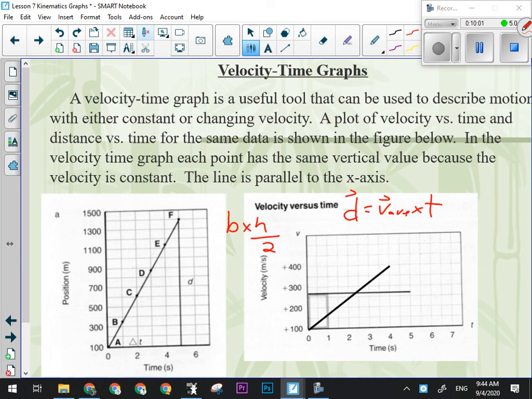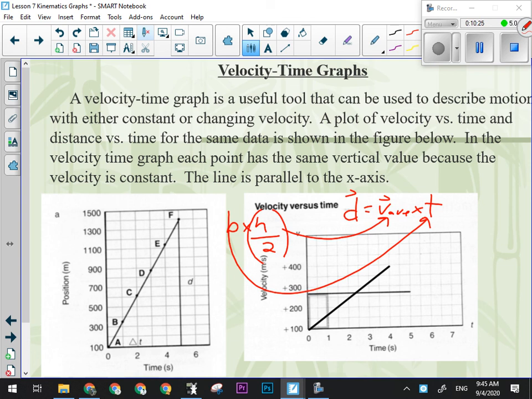Is that the height of the triangle divided by 2? That's where we get that from. That's why finding the area of that triangle works. The area of that triangle is taking the average velocity and multiplying by the base, which is time. That's why finding the area under the line represents displacement.